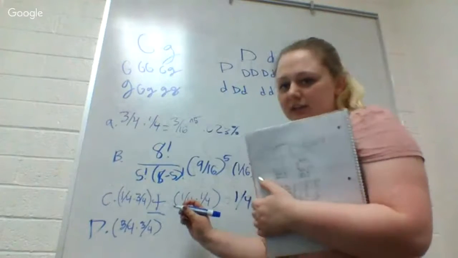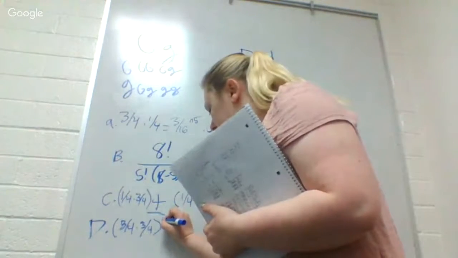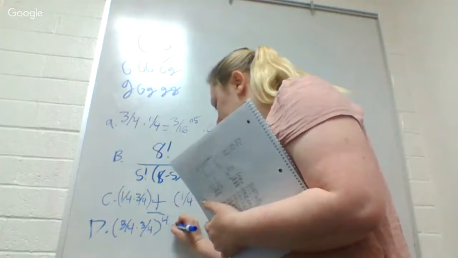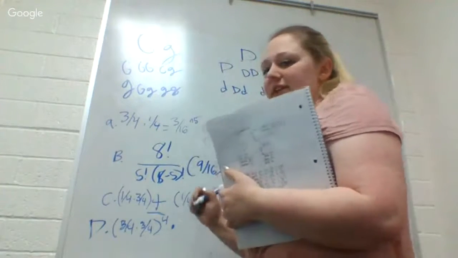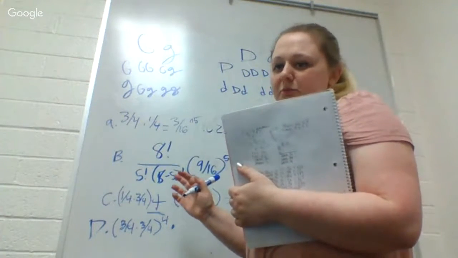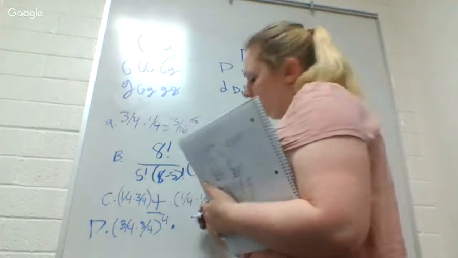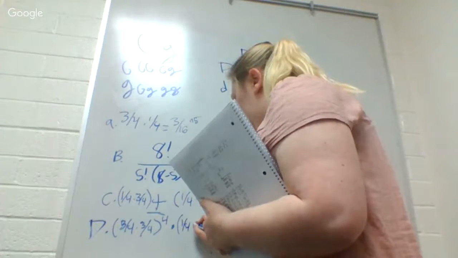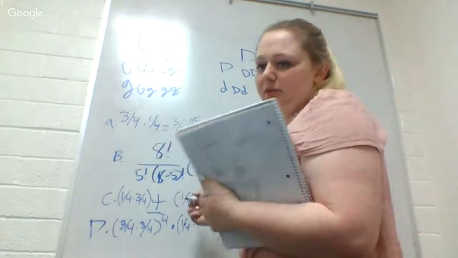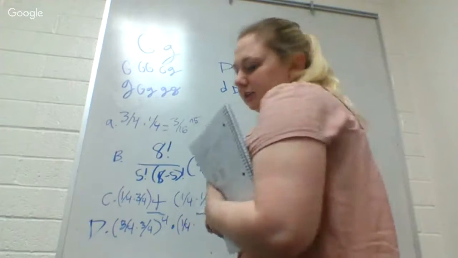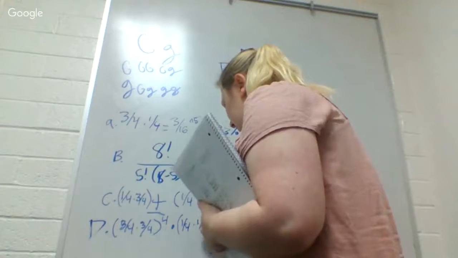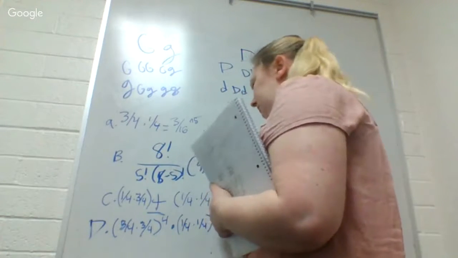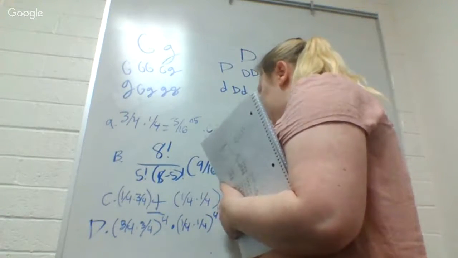So we're going to take this to the 4th power. And so we're going to take that times the next set of 4 offspring, which are small grin, which is 1/4, times another 1/4, because we cannot disappear. It is a 1/4 probability or chance of that. And so that's for the next 4 offspring.